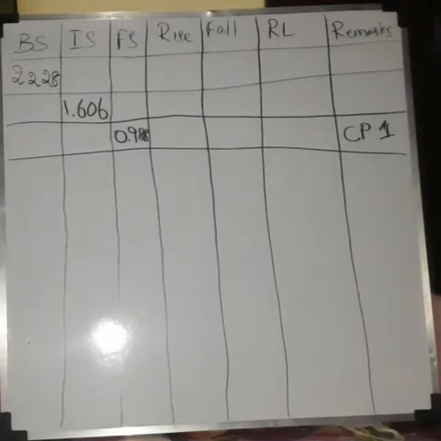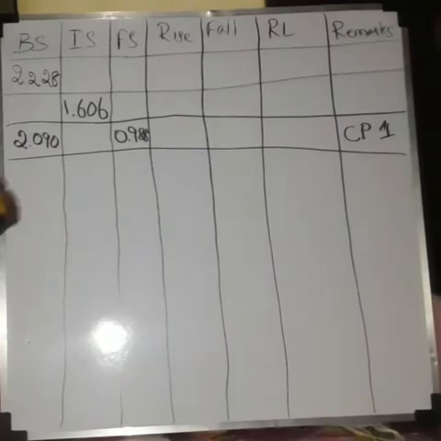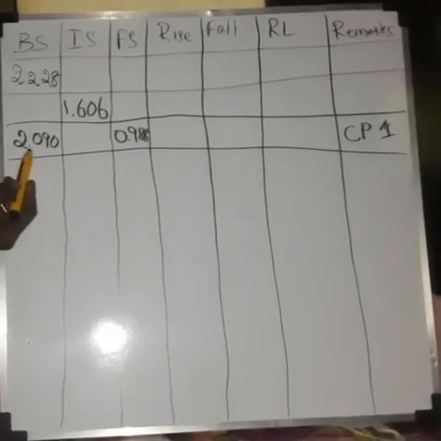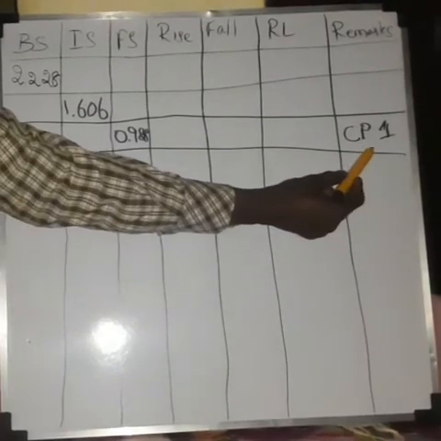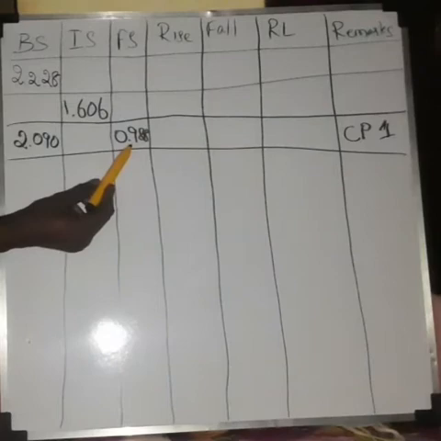The first reading is entered in backsight: 2.090. Why I entered the backsight reading in the same row is because the change point is introduced after the third observation.